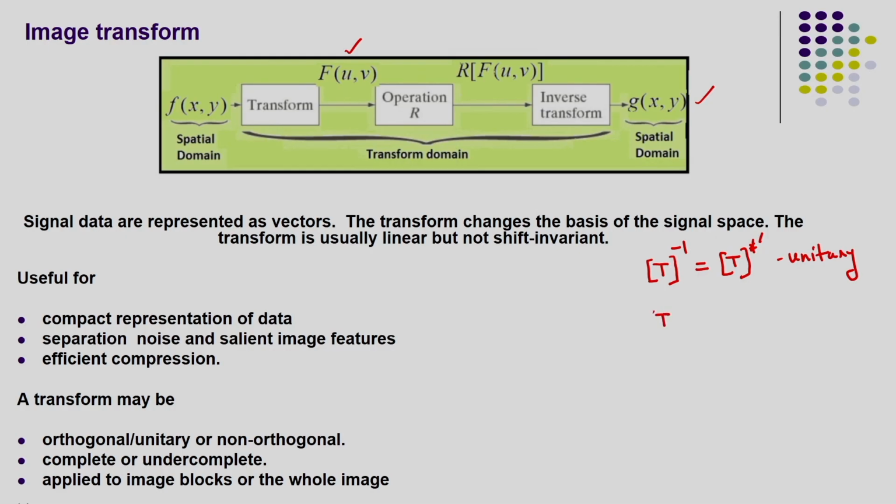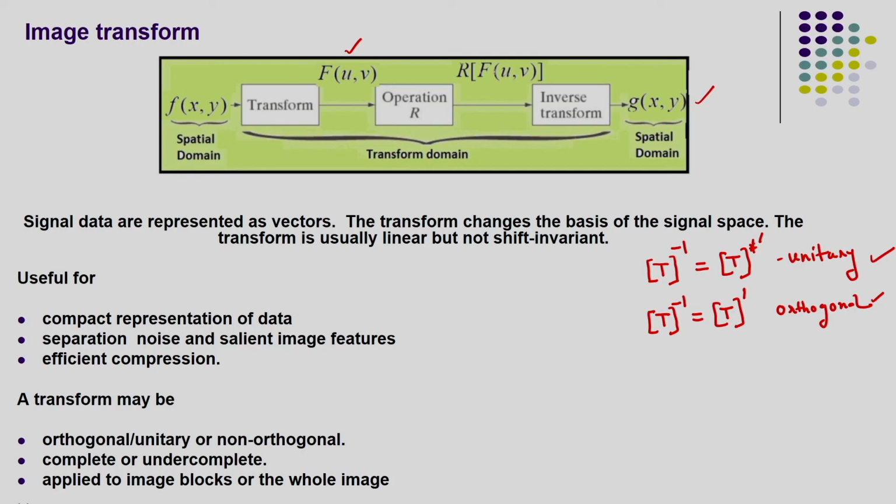And suppose the transformation matrix T is real, then T inverse is equal to T transpose. In this case this matrix is called the orthogonal matrix. So I have defined unitary matrix and the orthogonal matrix. Based on this condition, my transformation may be unitary transformation or the orthogonal transformation. If this condition is not satisfied, then it will be a non-unitary or non-orthogonal transformation.